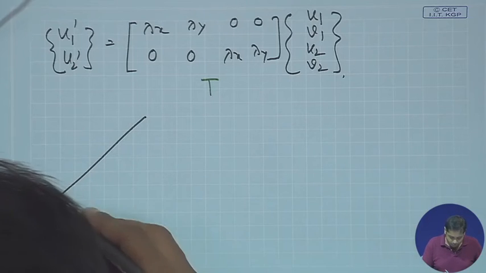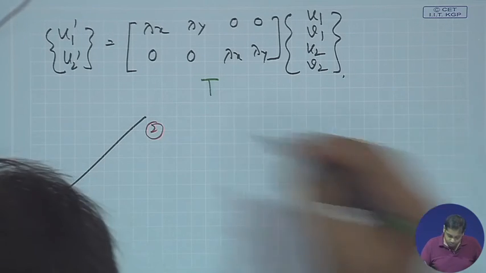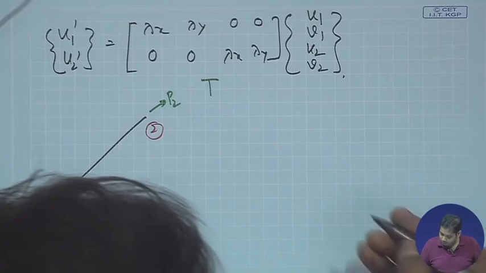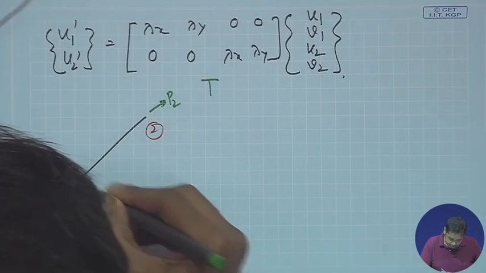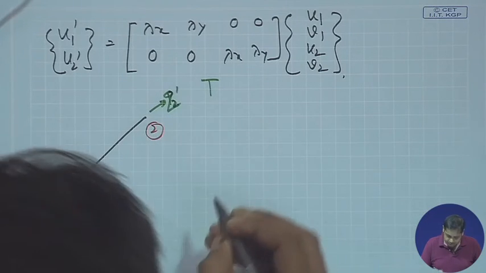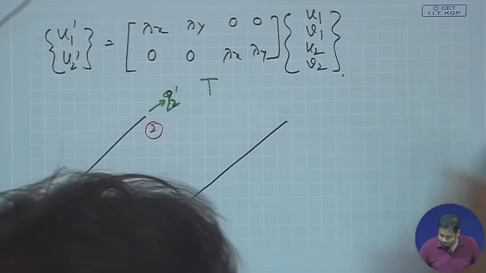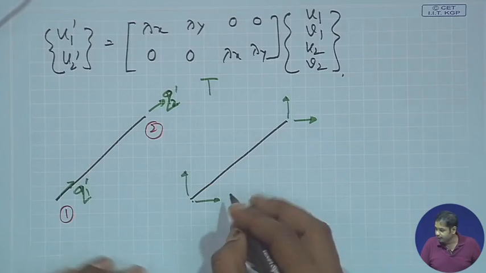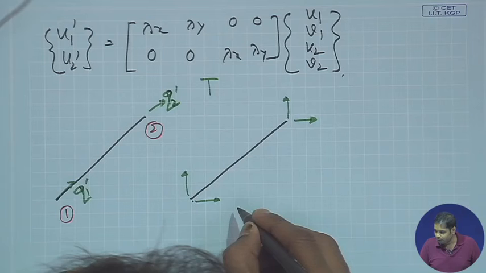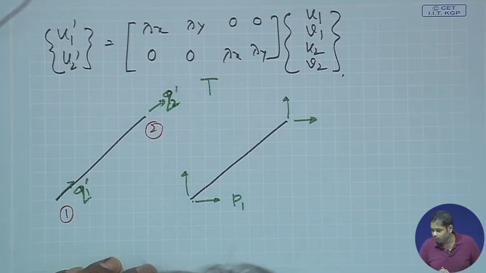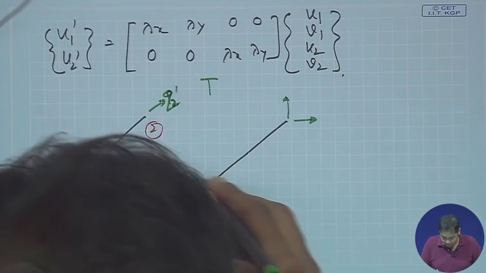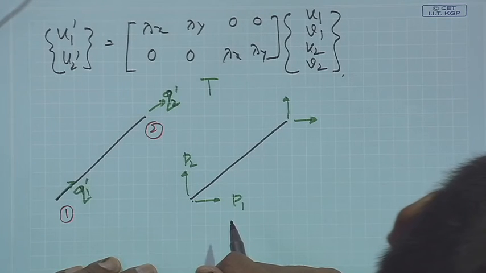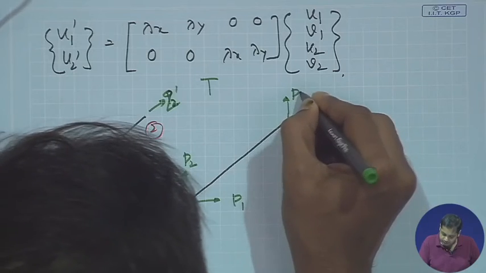It is joint number 1, this is joint number 2, where we have forces. In the local coordinate system we have P1 dash, Q1 dash and Q2 dash, and in the actual coordinate system we have forces like this. Suppose this is P1, P2, P3, P4.